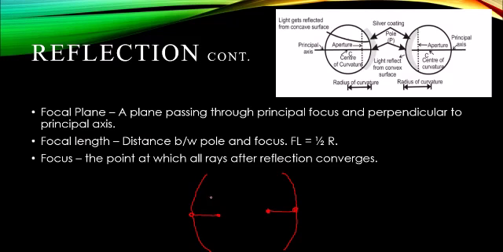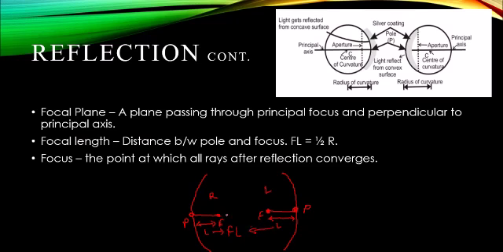So it is on the right hand side of this and left hand side of this. This distance between the focus and the pole is known as the focal length of the mirror.